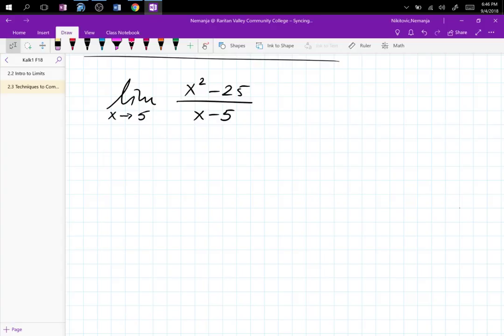The first impulse to solve a problem should be plug in. But if you run into a 0 in the denominator, immediately abandon ship. Immediately. So we plug in 5, and I get 25 minus 25 over 5 minus 5. That's 0 divided by 0. Run. Right? Cannot plug in.